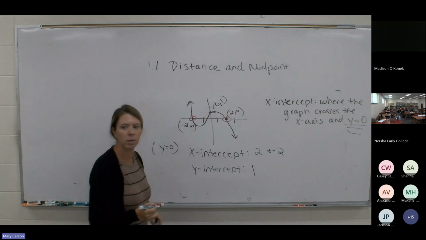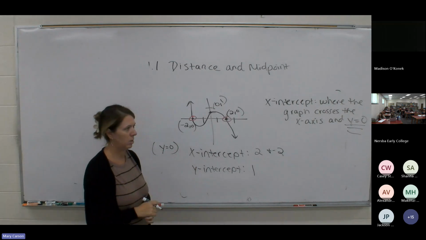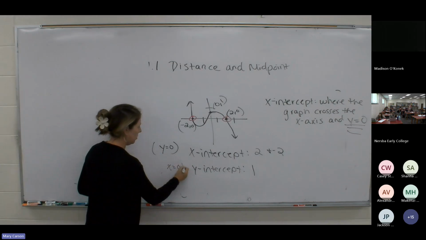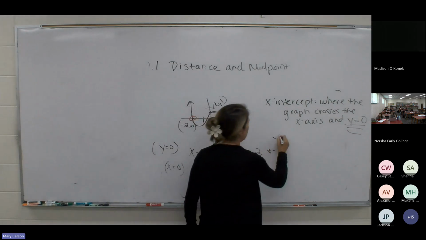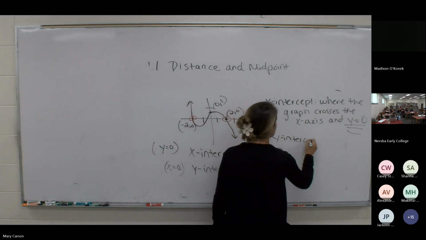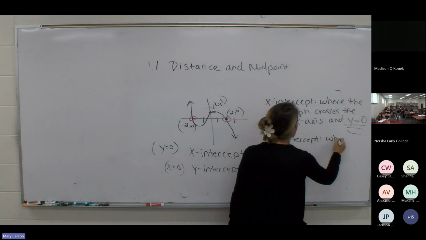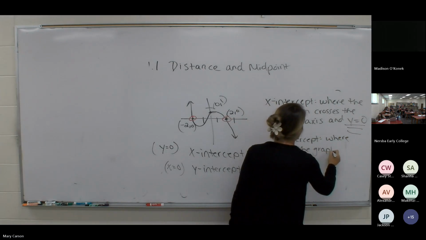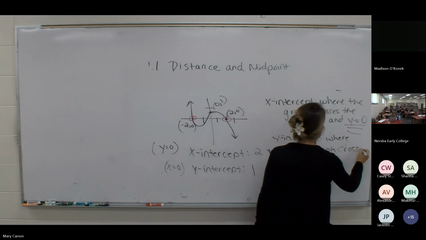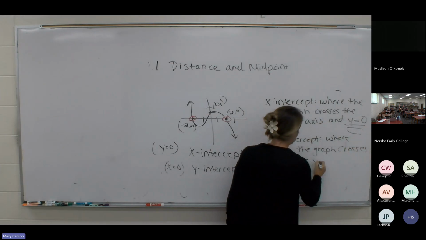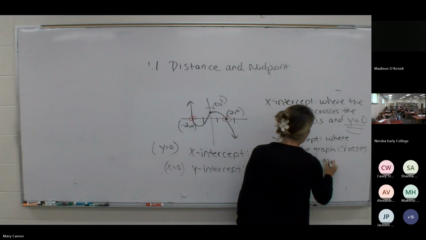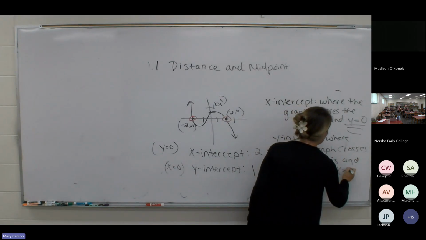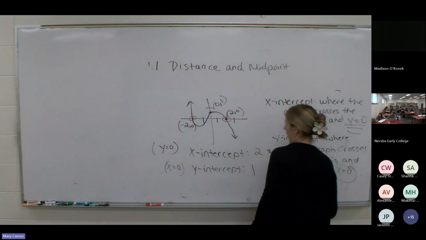So what do you think is going to be the case for the y-intercept? The x is going to be 0, okay? So the y-intercept is where the graph crosses the y-axis and x equals 0. Again, key thing, x equals 0.